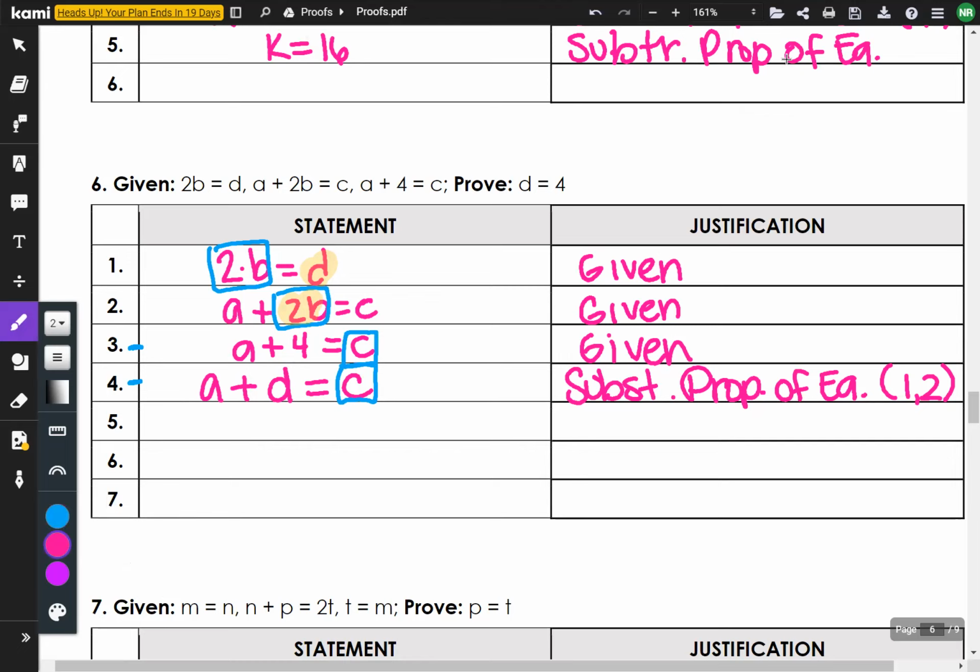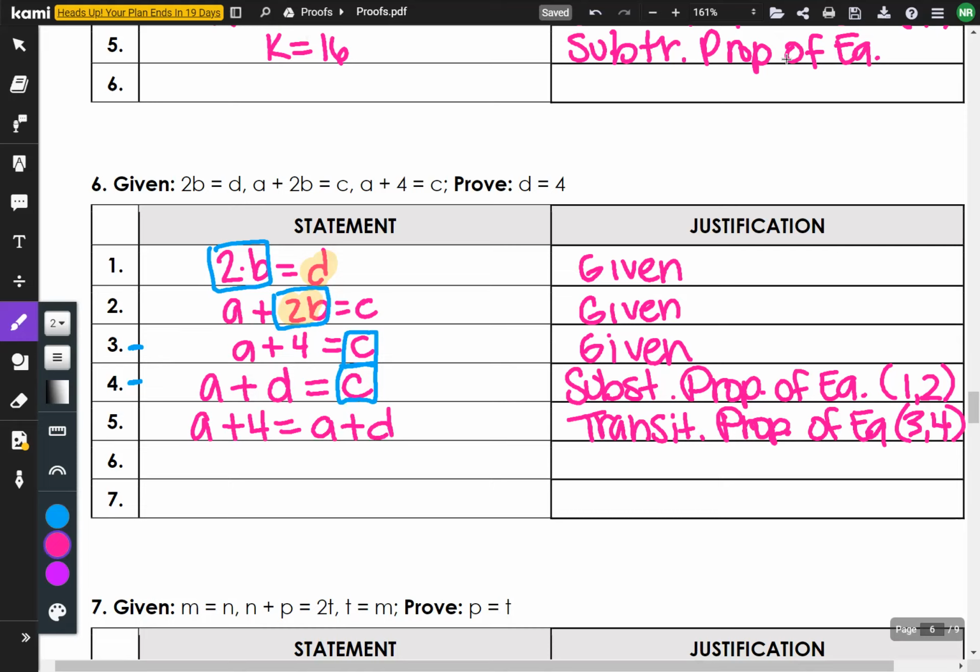If A plus 4 is equal to C, and A plus D is also equal to C, then they're equal to each other. If Laney and Sareth have the same grade, Boston and Sareth also have the same grade, then their grades are equal to each other. Okay? And that is the transitive property. And here we're combining lines 3 and 4. They're both equal to C, so they're equal to each other. So A plus 4 equals A plus D.